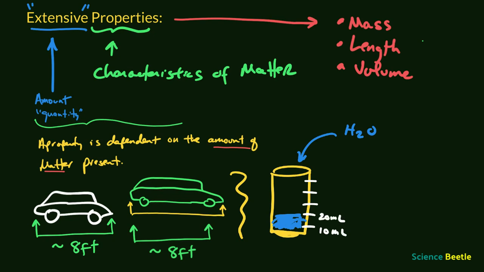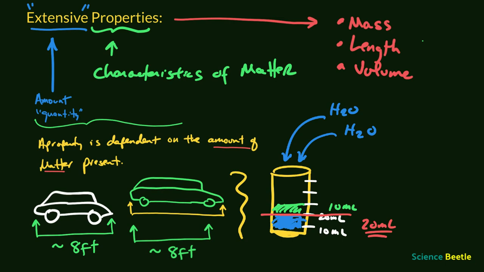So if you look at that measurement here for 20, we know that in this particular sample, we could say that at this point we've got 20 milliliters at the first measurement. What if we were to add a little bit more water into this? Well, let's put that in green, and so that would mean that we would have a little bit more here. But notice if I add more water to it, then that means I'm going to have 10 more milliliters here overall.